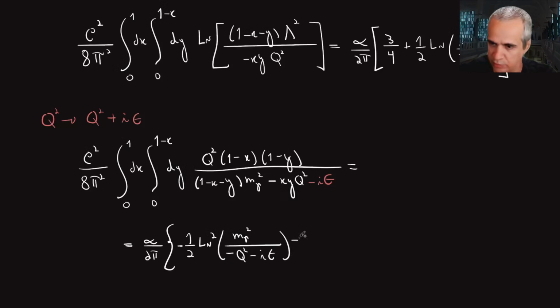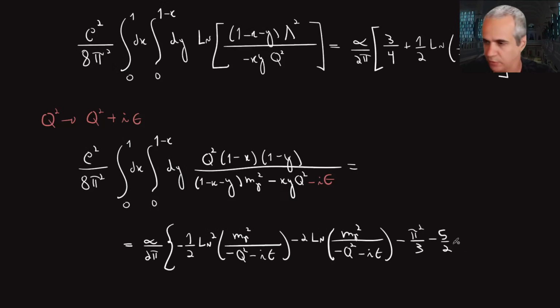And then there's a log minus 2 log of m gamma square minus q square minus i epsilon. And some constants, pi square over 3 minus 5 halves, plus, and of course I'm taking here a series in m gamma, right? So there's terms that are order m gamma, but those I don't care because I'll take m gamma to 0, right? So these are the leading contributions to the infrared divergence, right?